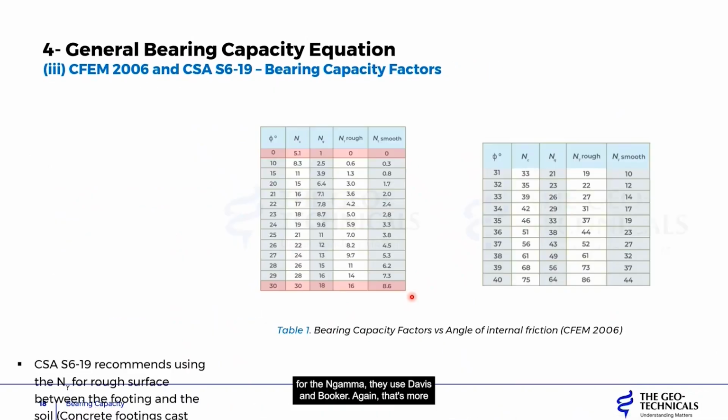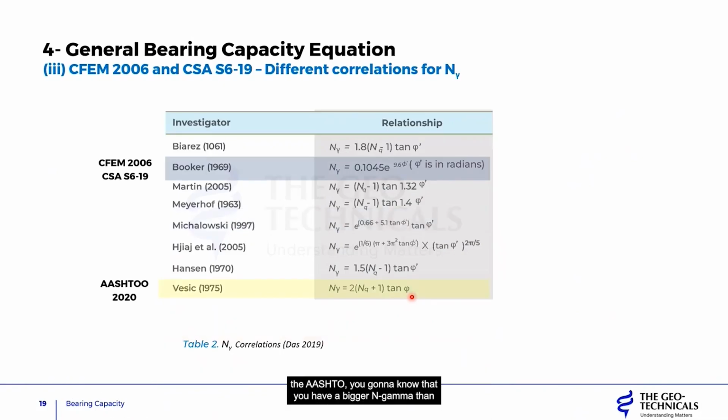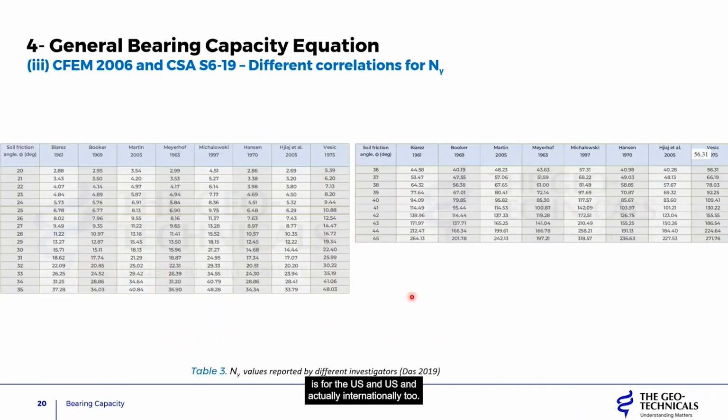Again, that's more conservative, so I'm fine with that, to be honest. But in AASHTO, you'll find you have a bigger N gamma than the Canadian Foundation Engineering Manual. Both are okay, because the CFEM was created for the Canadian industry, according to whatever the industry knows and uses, and AASHTO is for the US and actually internationally too.